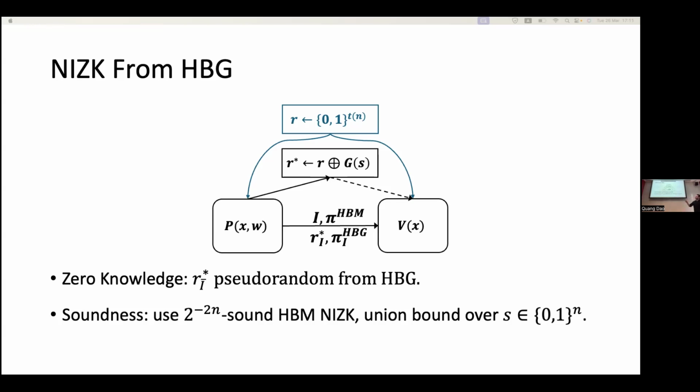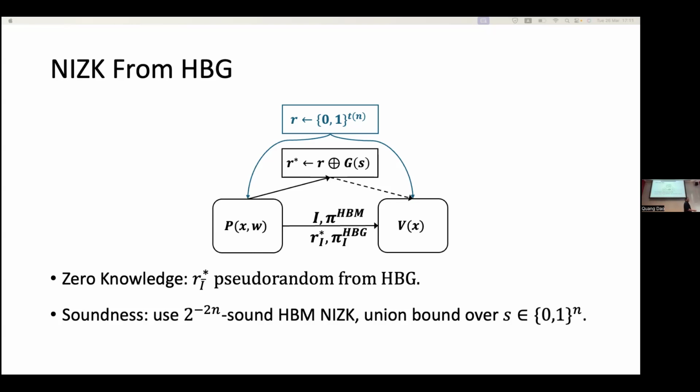Okay, so now the prover is going to treat r star as the hidden bit string, and it is going to apply the HBM NIZK on r star. So it uses r star as if it's the hidden bit string and generates the proof in the hidden bits model, with respect to a subset I, according to r star.